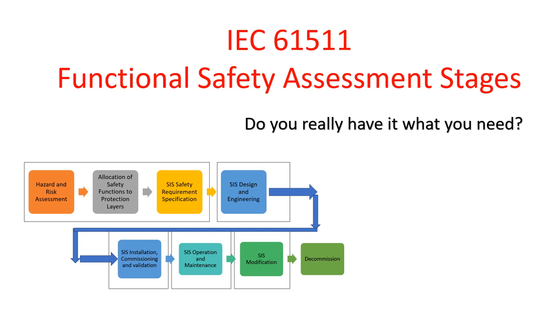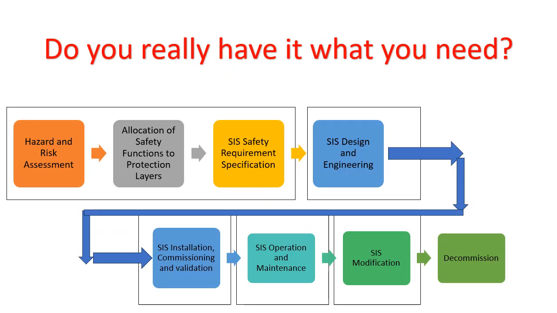In this particular lecture, we are going to discuss functional safety assessment stages as per IEC 61511. The basic purpose of functional safety assessment is to know that we really have everything that was needed.